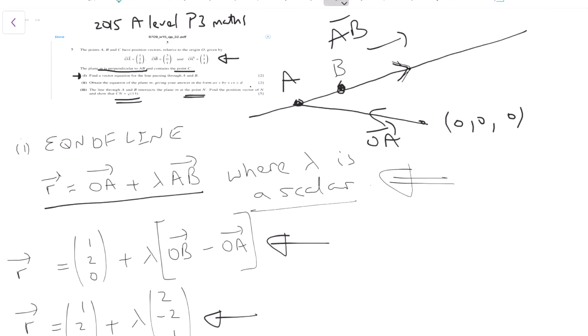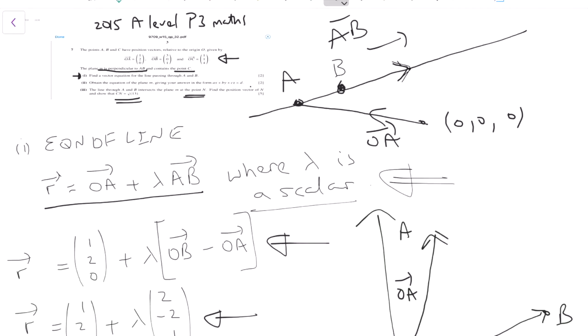Okay, and if you don't understand why AB is OB minus OA, you can draw a Cartesian plane in 2 dimensions, and say this is point A, which is given by OA. This is point B, which is given by OB. And how do you get AB?